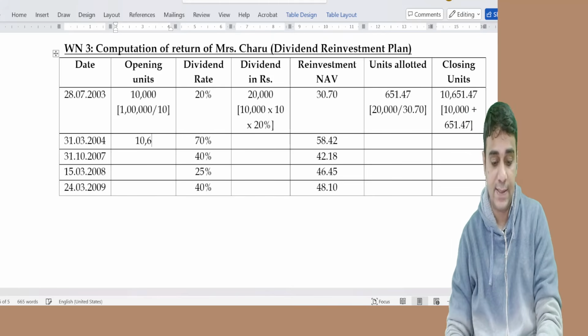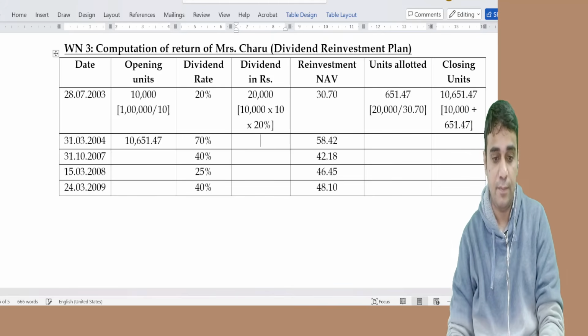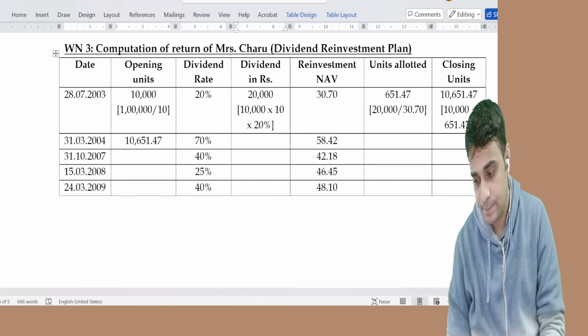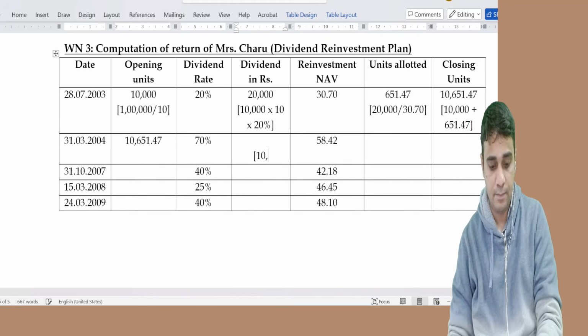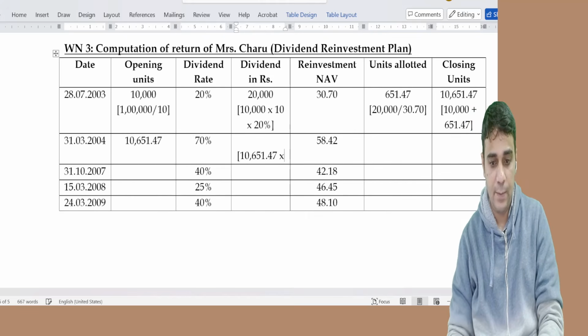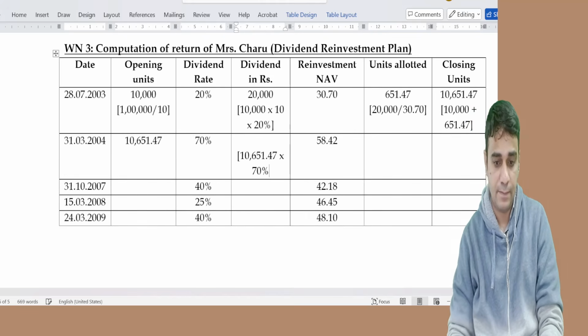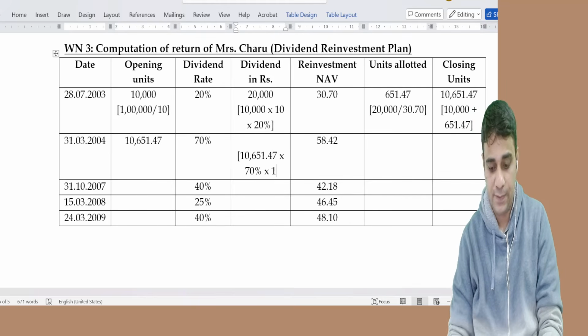Next, opening 10,651. Multiply with 70% into 10 rupees face value.